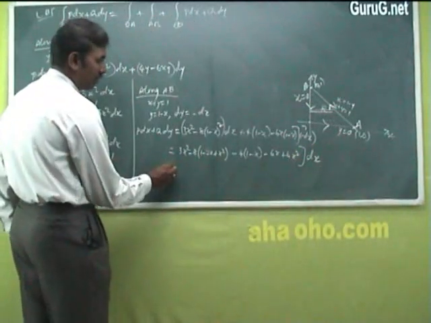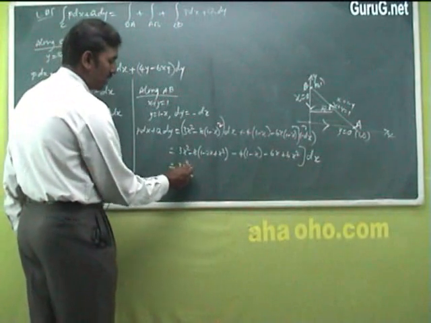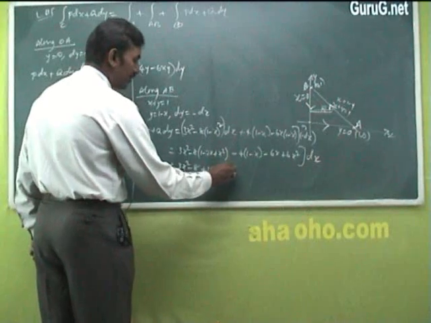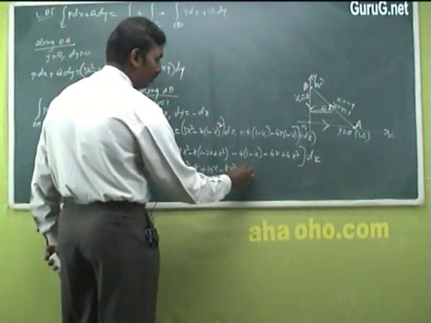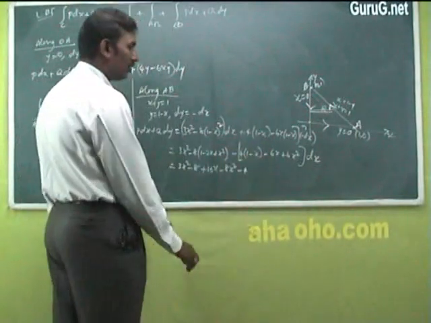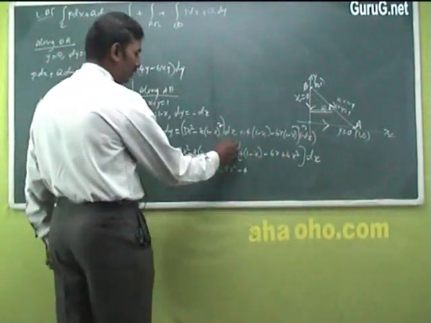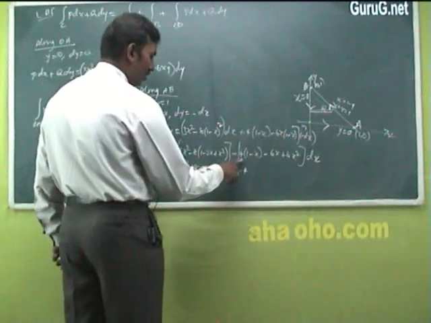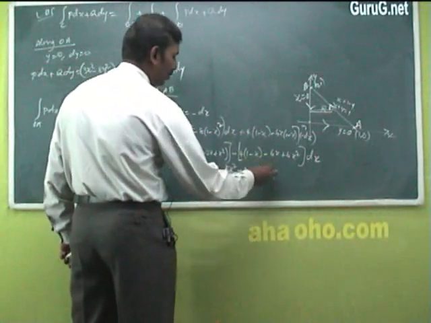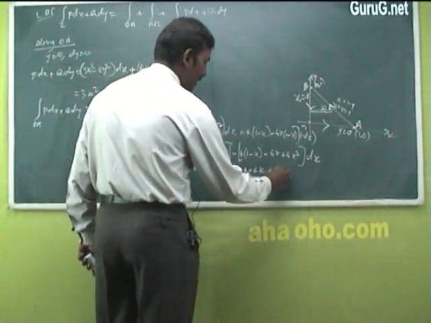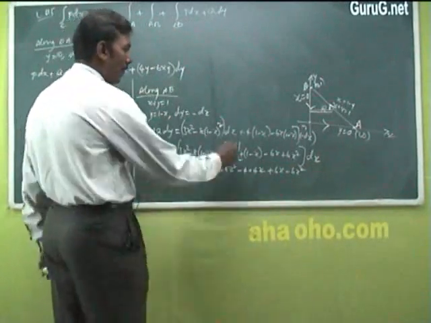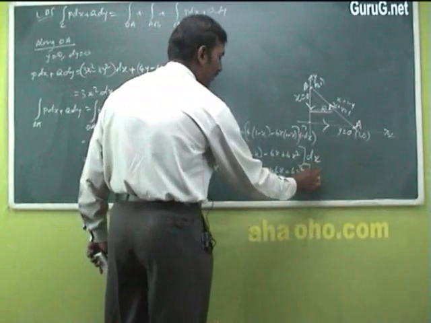So simplify it. 3x squared minus 8 plus 16x minus 8x squared minus 4 plus 4x and plus 6x minus 6x squared into dx.